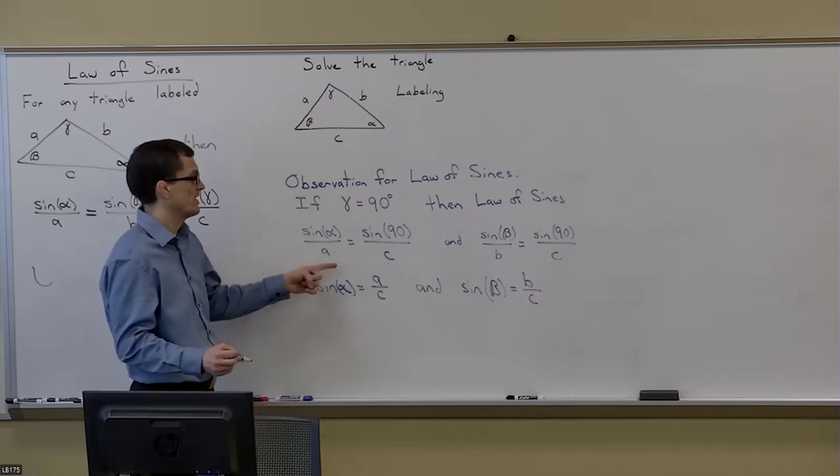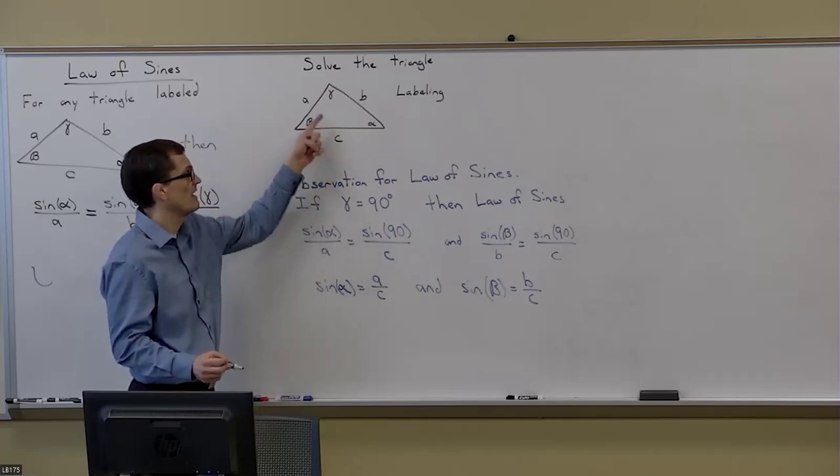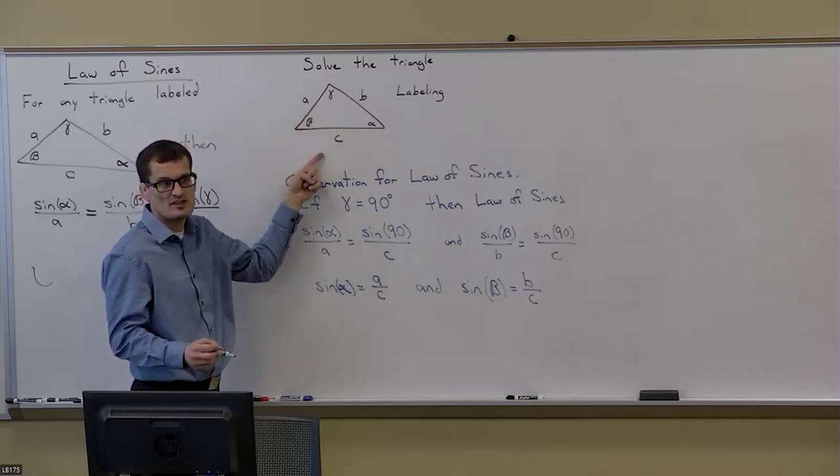What is C if gamma is 90 degrees? C is my hypotenuse.